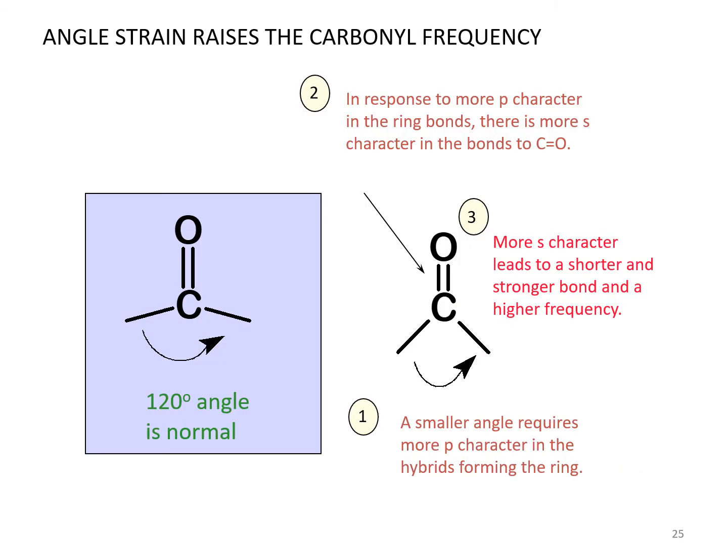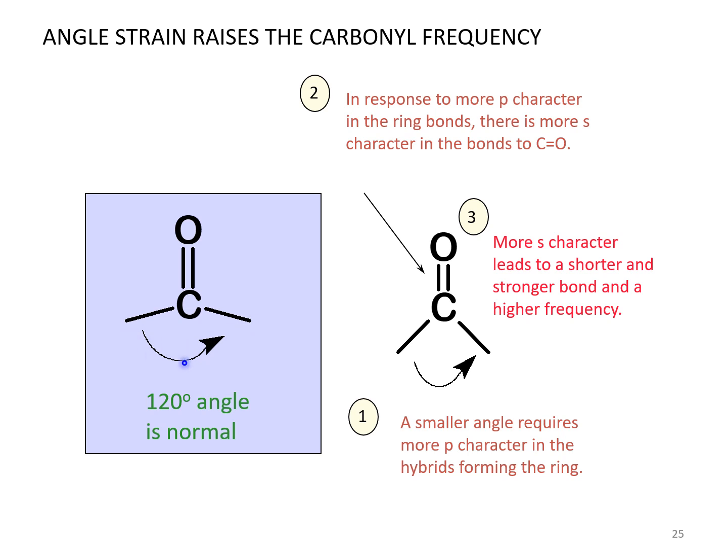next one is about the angle strain, how the angle is going to affect or raise the carbonyl frequency. Number one, a smaller angle between the carbon C=O, over here we see carbon has two other bonds attached, maybe a methyl group or any other group.